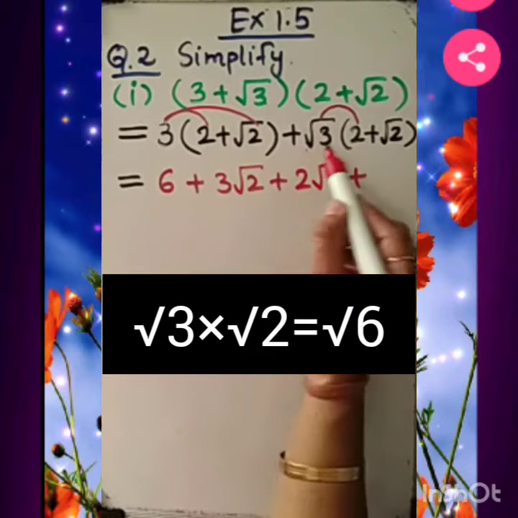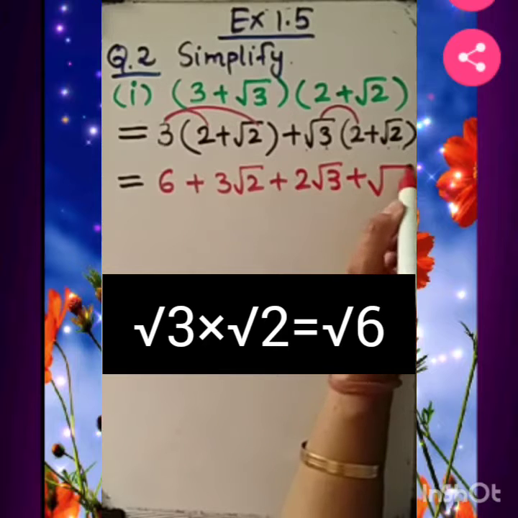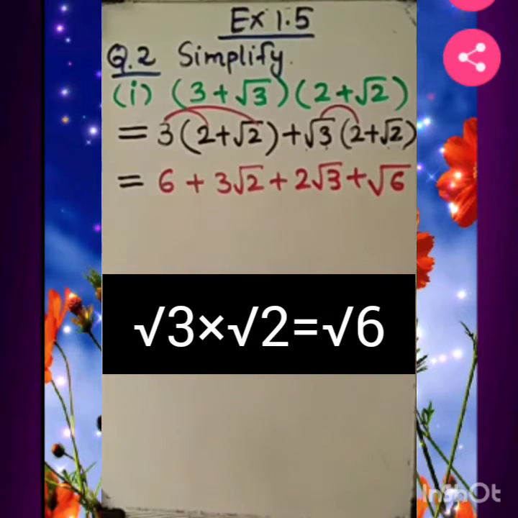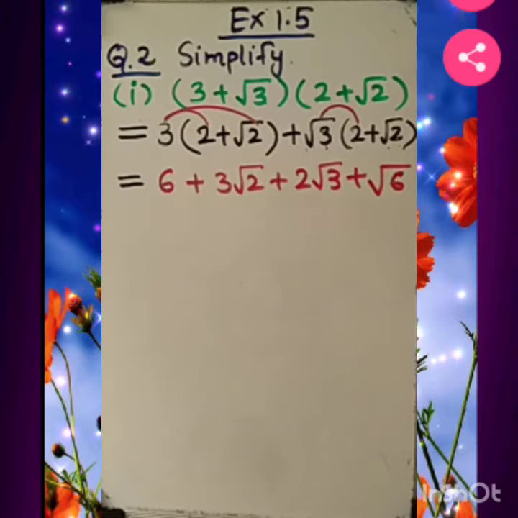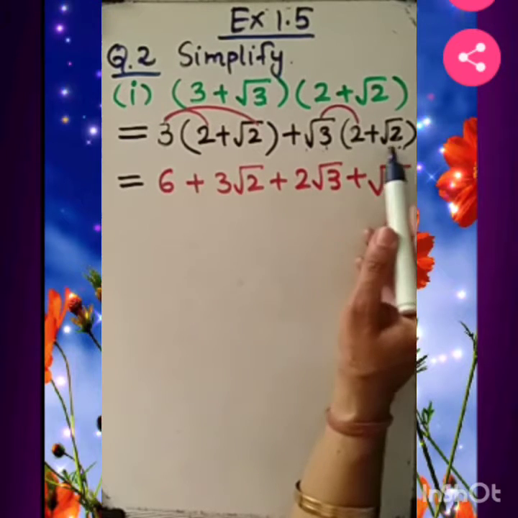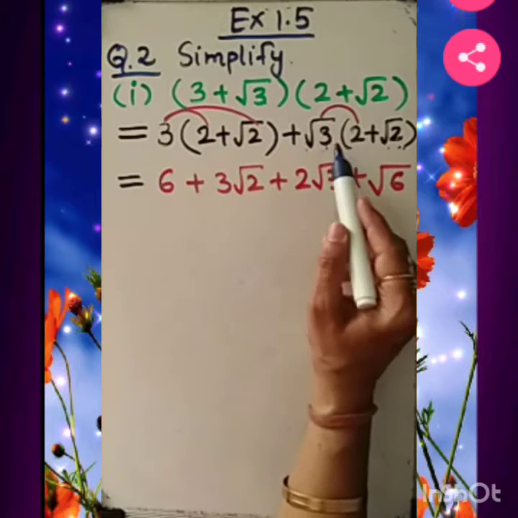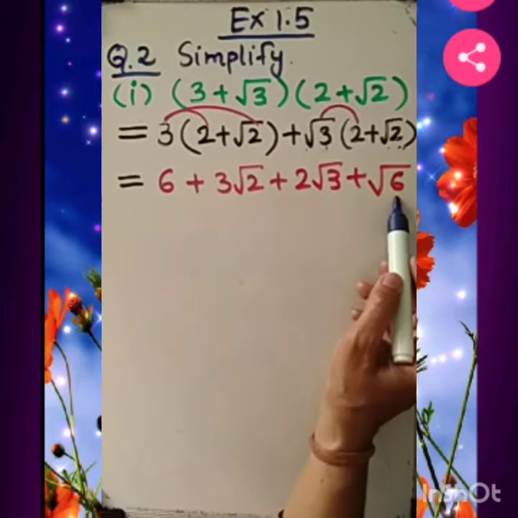Root 3 into root 2 gives the result under root of 3 twos, 6. This step you must keep in mind: when we multiply two irrational numbers, we take the product of them in the square root. So 3 twos are 6 here in the square root.